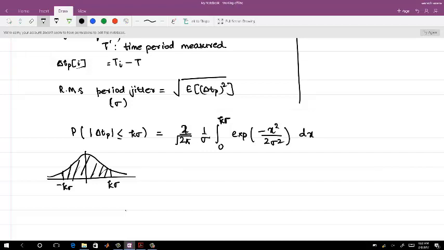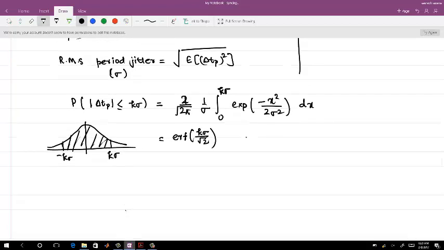This can be written in terms of the error function of y, where y is actually k sigma by root 2. You can check this particular ratio.